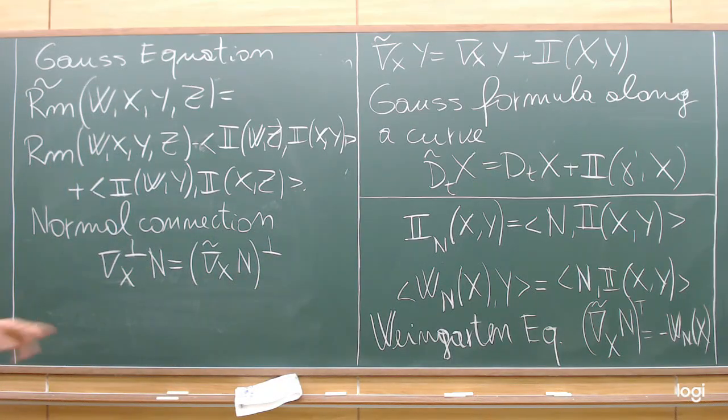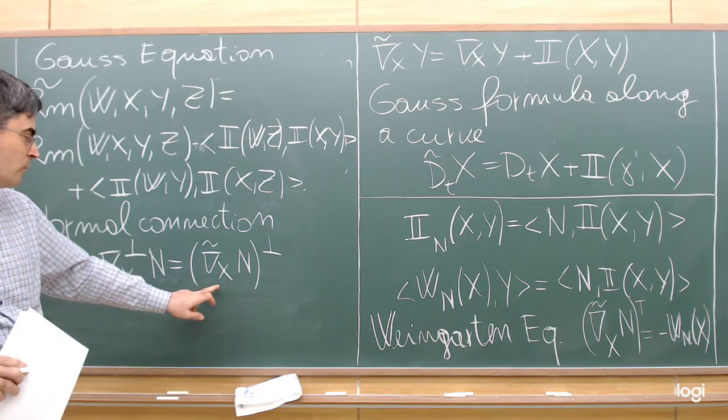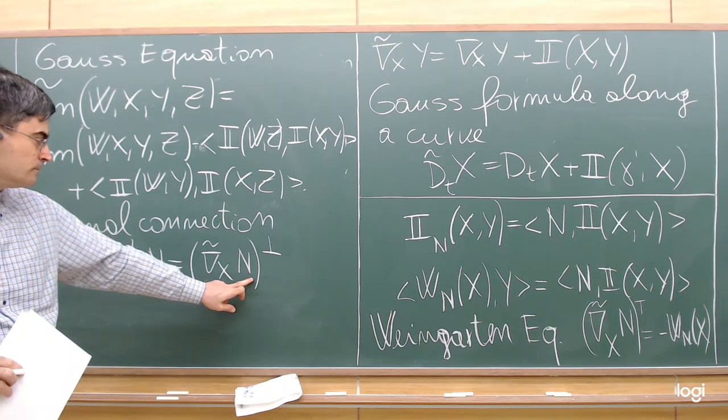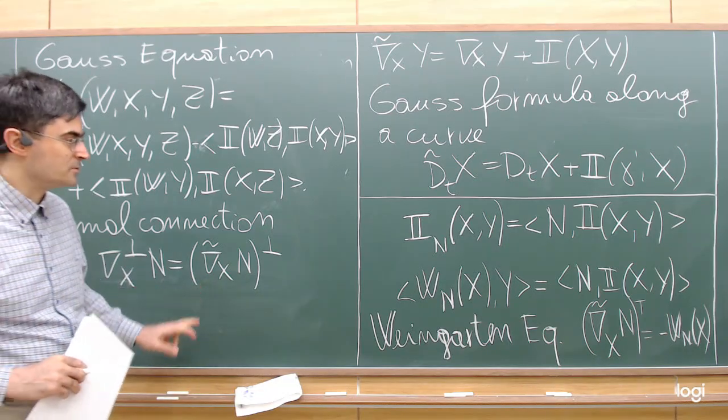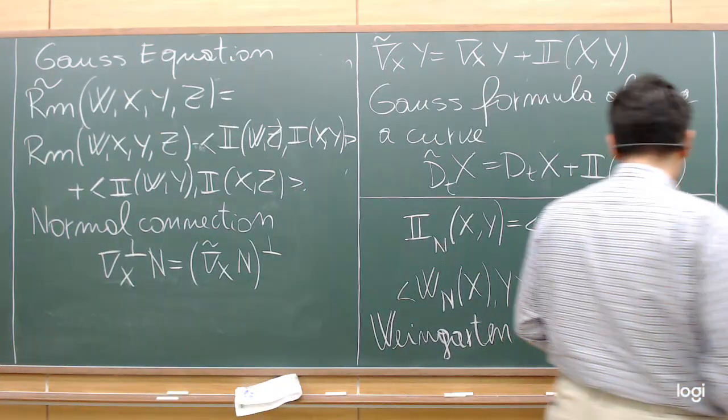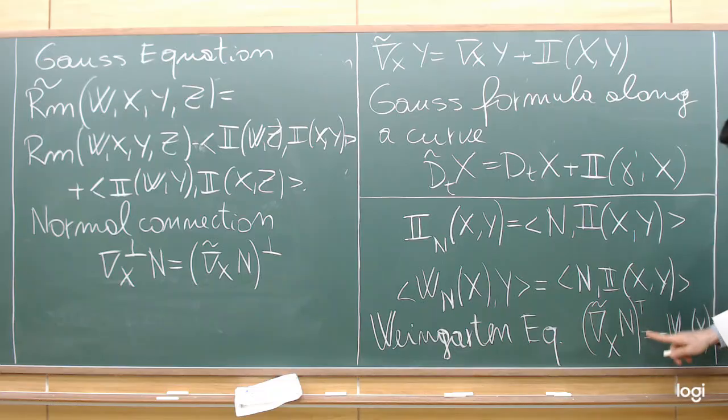Observe that we already considered this covariant derivative here, where we took the tangential part to prove that it is W_n x with a change of sign.